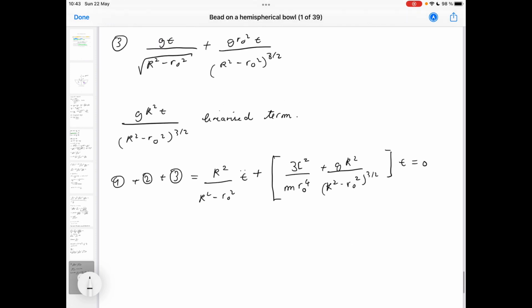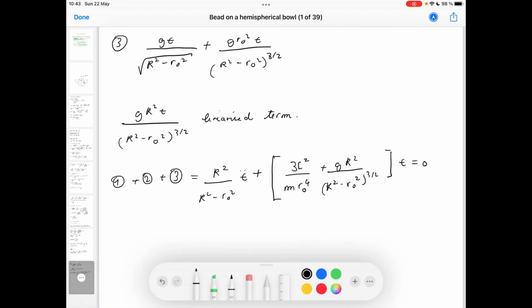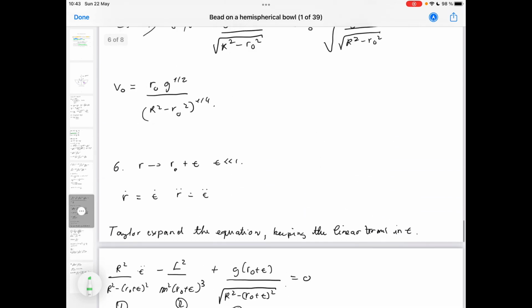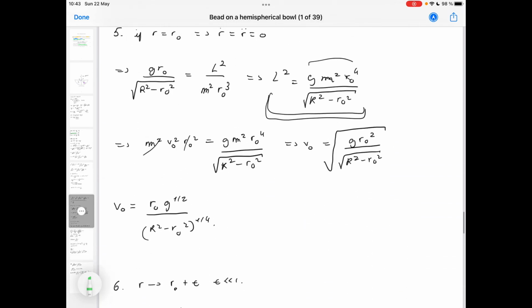So this equation starts to resemble simple harmonic motion, but before we carry out the calculation, we should remind ourselves that we found an expression for L squared. This expression was on the previous page, somewhere here. Yeah, so it's this expression.